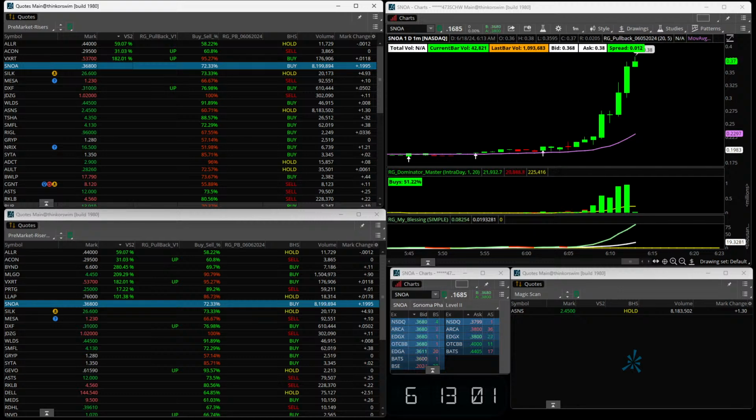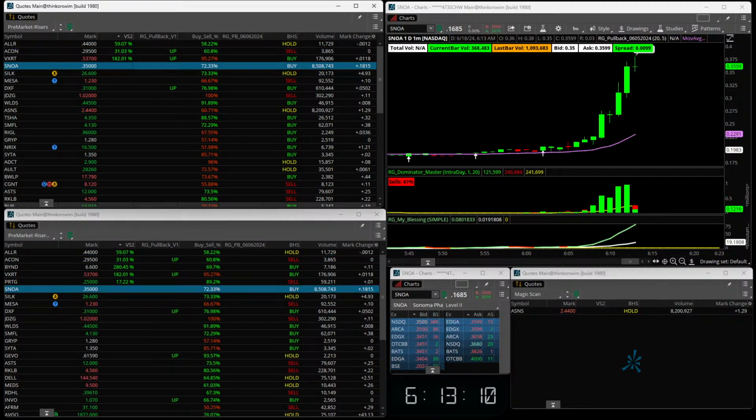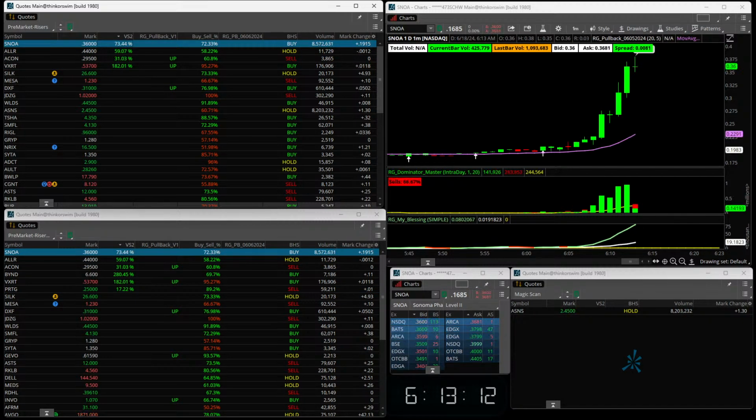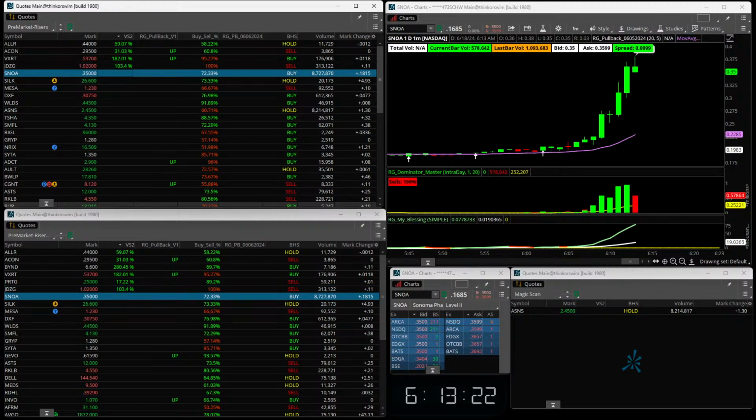Pushing on up to 38 cents. Down to 35 and up to 38 and down to 35. Where does it go? Too jumpy for me. Next thing you know, it'll be a big red candle dropping 10 cents.